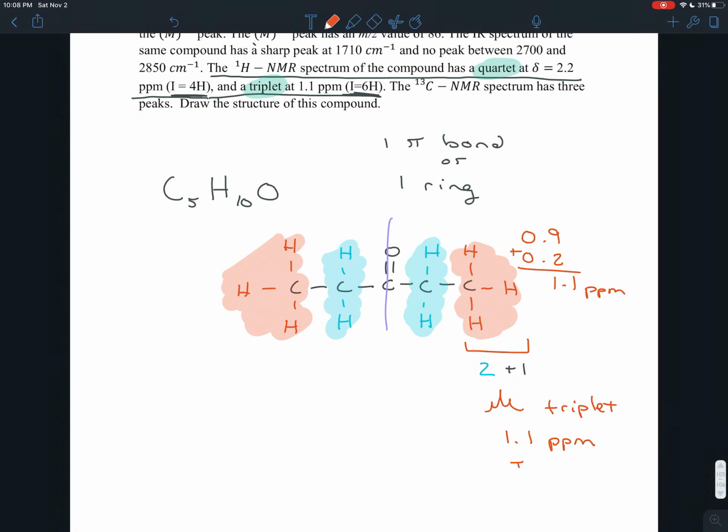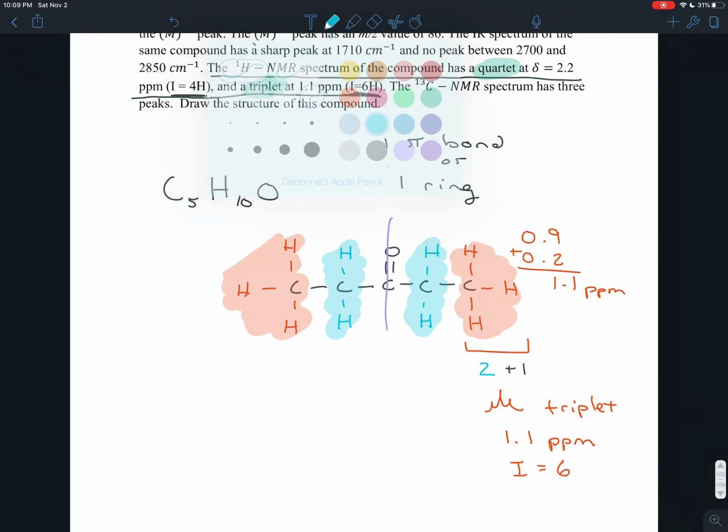And of course, the integration value, now this is an interesting thing. The integration value for this individual set of hydrogens would be 3, but because we have another set of hydrogens in that same electronic environment, we'd have to add those together because they're going to show up in 1 peak, and the integration would be 6. All of the hydrogens in that environment, and there are 6 of them in this molecule.